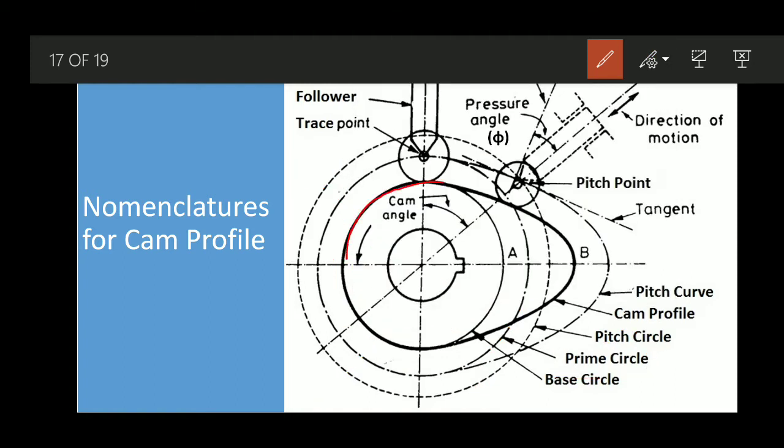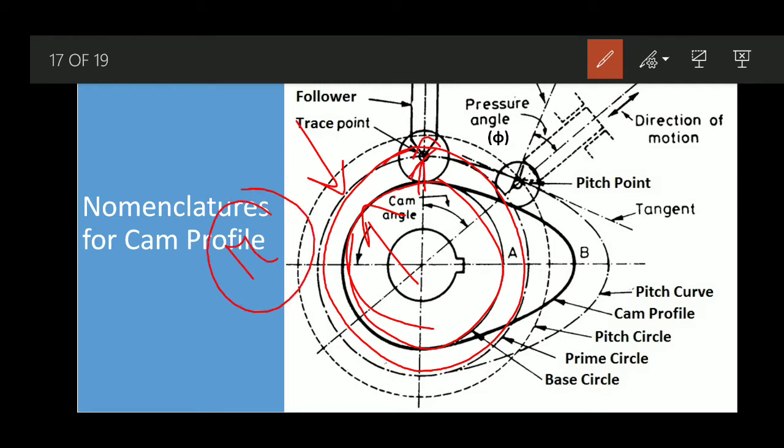This one is the base circle, this is the prime circle. So it is larger by how much? It is nothing but this much. Yes or no? That is the radius of the roller. Roller radius, so this much amount has to be added.